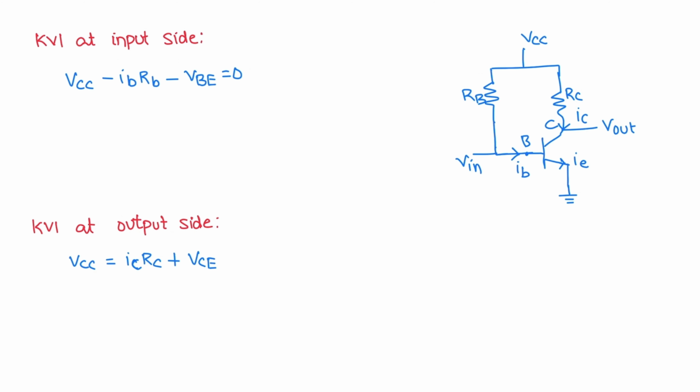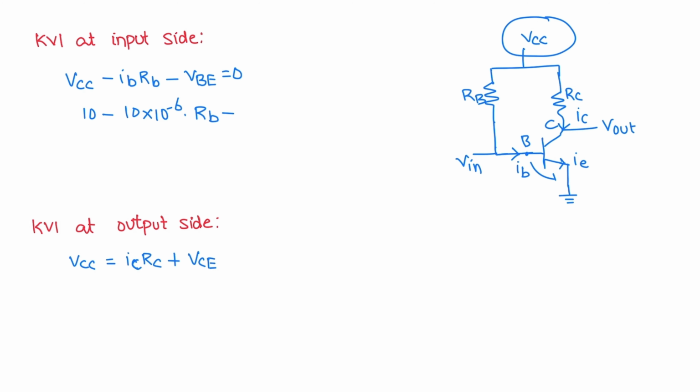Now write the KVL at the input side. The supply voltage VCC is equal to IBRB plus VBE. So VCC is the bias voltage, which is 10 volts, minus IB, 10 microampere, 10 into 10 power minus 6, into base resistance RB, minus VBE, the base emitter voltage.